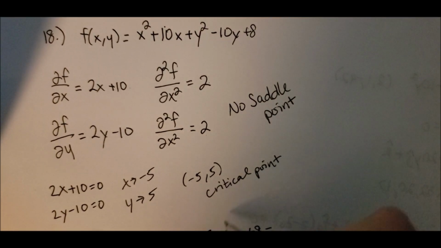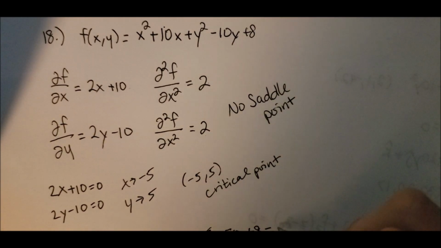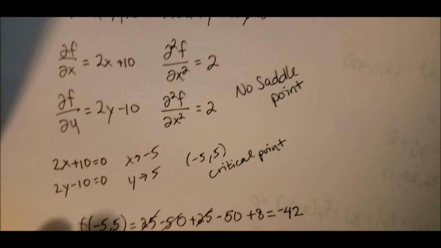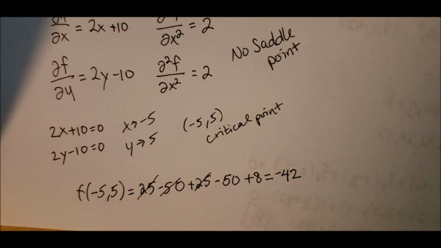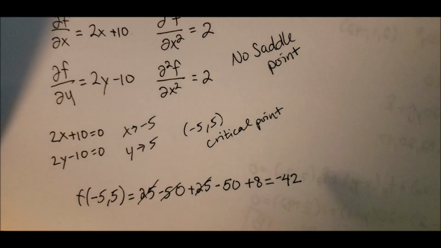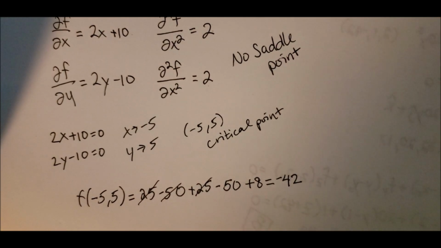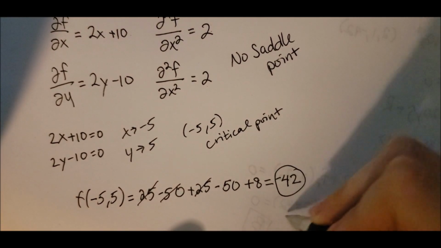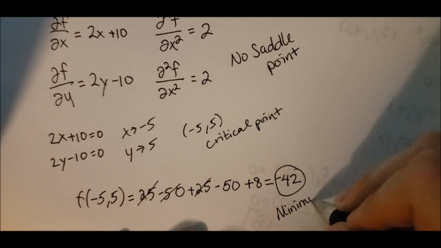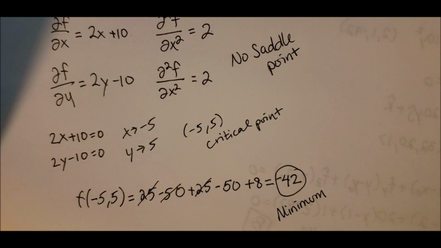So 25, it's 50. That would cancel with that. So I have a -42. And the second derivative is positive, so it's opening up, so I have a minimum. So 18 is B.